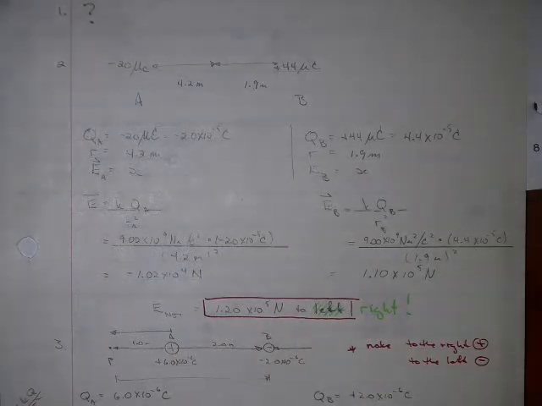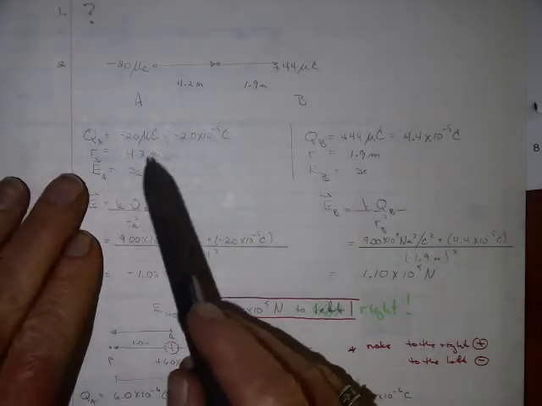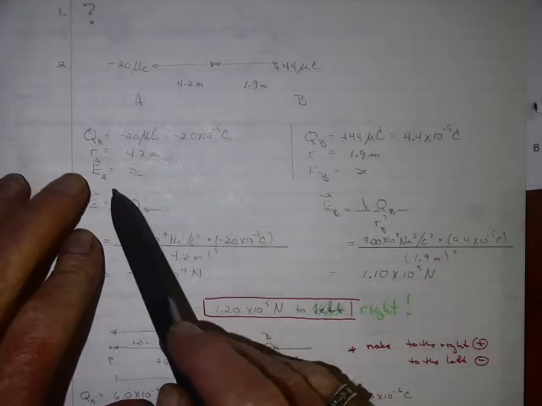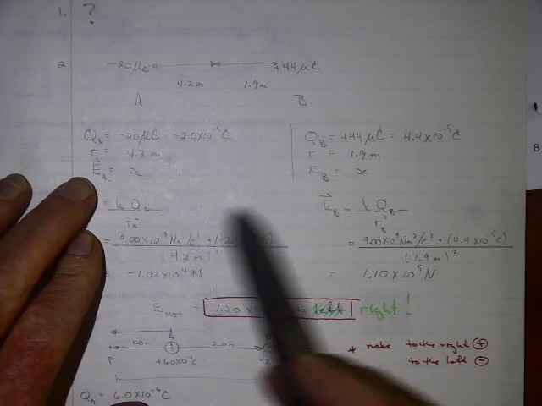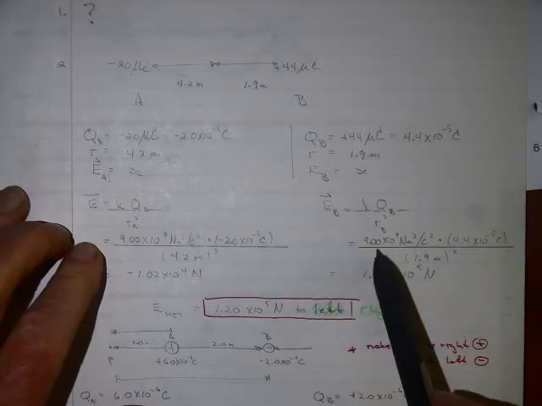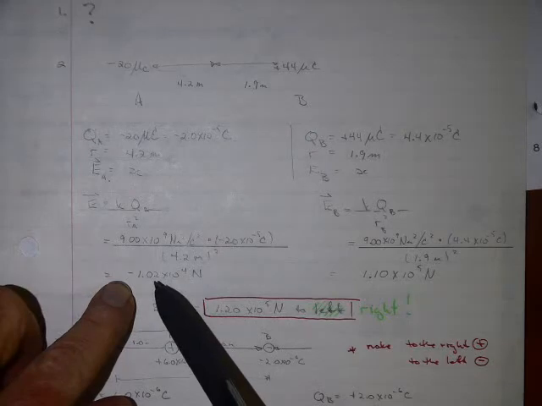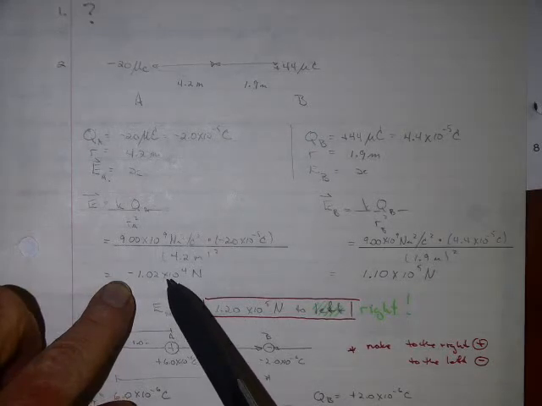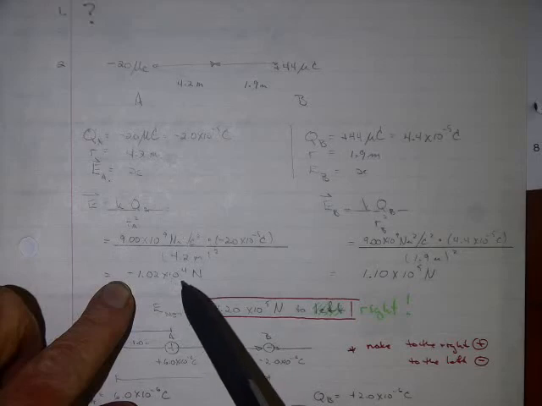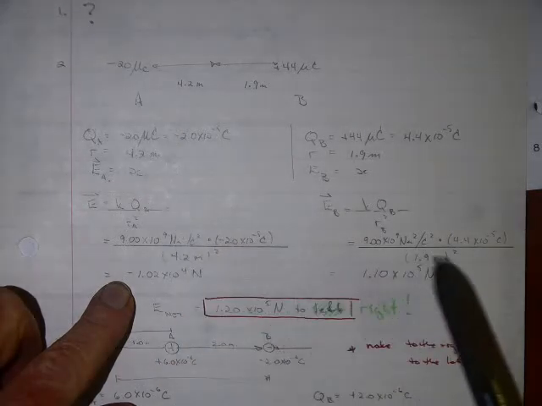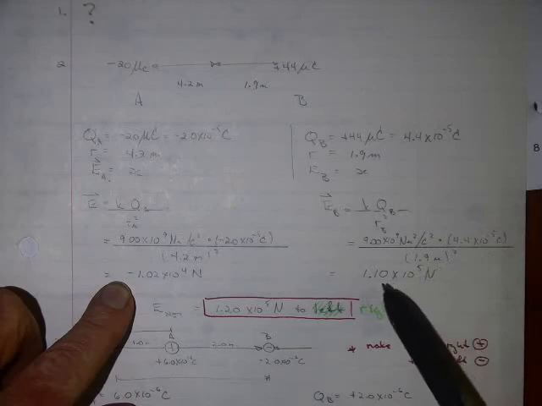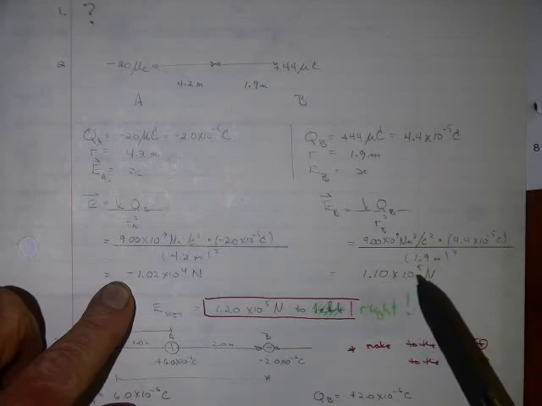I solve for the electric field strength for A by plugging these in, and I come out to -1.02 times 10 to the 4, because this is the negative charge. For the positive charge, 1.1 times 10 to the 5 newtons.